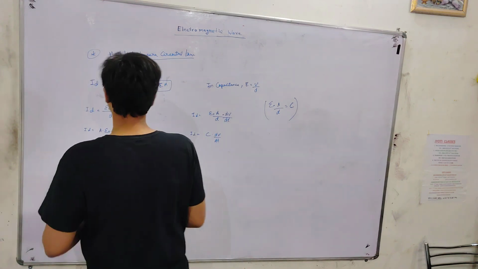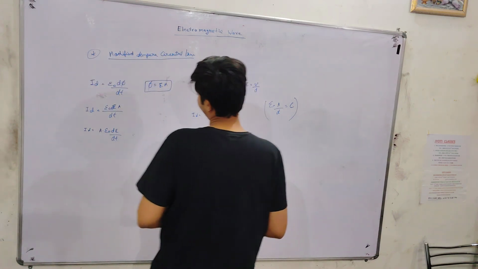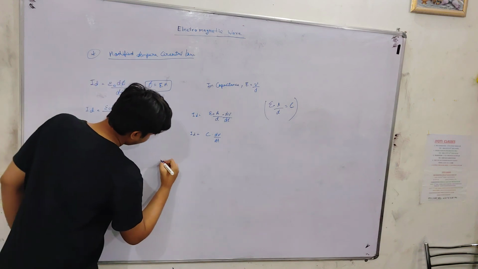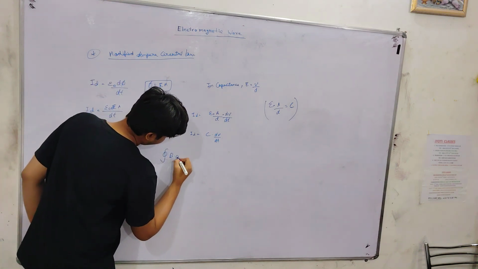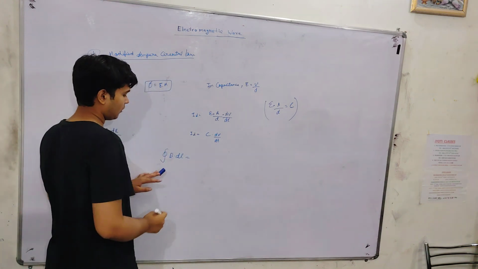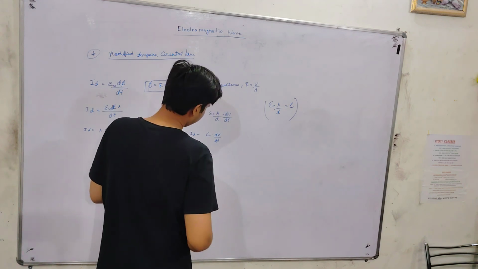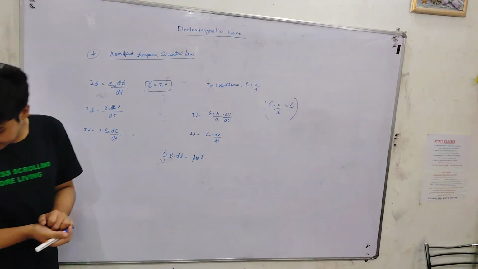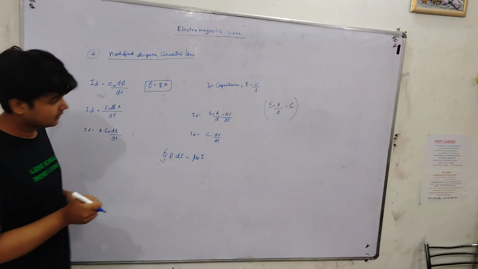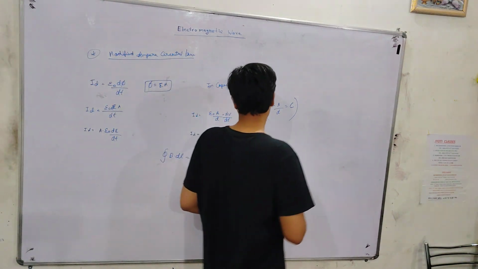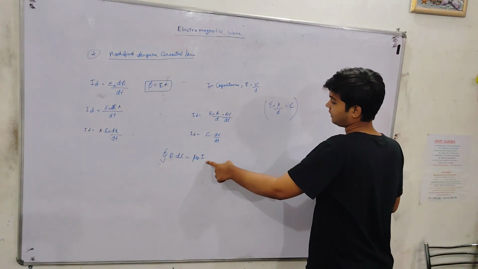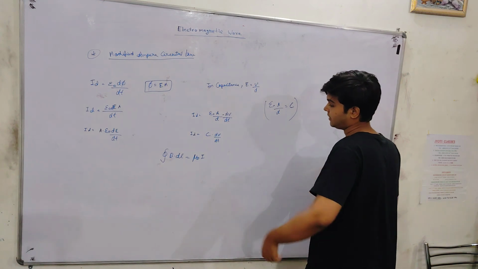Now we know amperes, and what is the formula of Ampere circuital law? The closed integral of magnetic field equals mu naught times the current. This is the Ampere circuital law. We are studying the modified Ampere circuital law, so this formula will be modified, and in the term of current there is conduction current and displacement current.